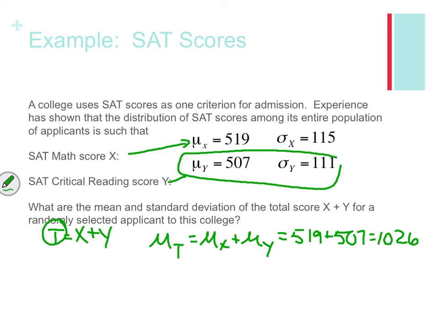Okay. Now remember that in order to figure out the variance and standard deviation, we do need to have independent random variables. The variance and standard deviation of the total cannot be computed in this problem. SAT math and critical reading scores are definitely not independent of each other because students who score high on one exam tend to score higher on the other.